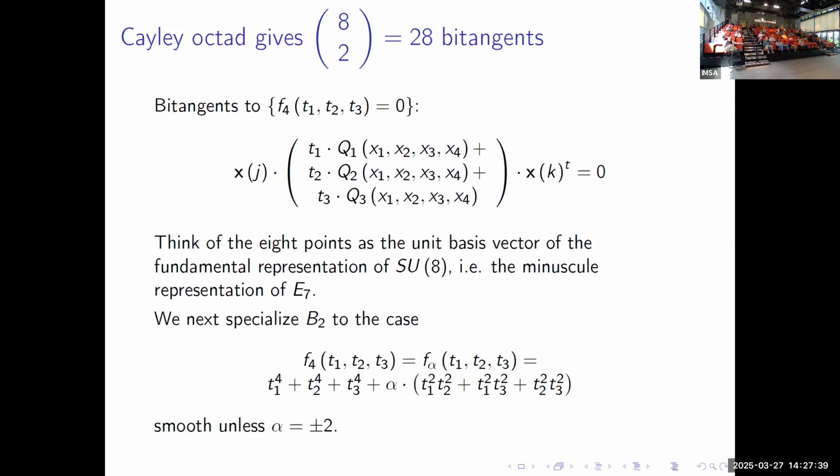That's what Dolgachev told me anyway. So it has a huge, well, not a huge, as we'll see, the symmetry group of this is the automorphisms of the cube, including the orientation reversing ones.